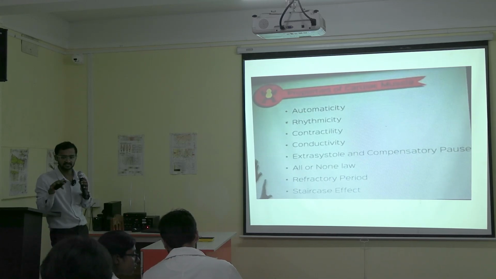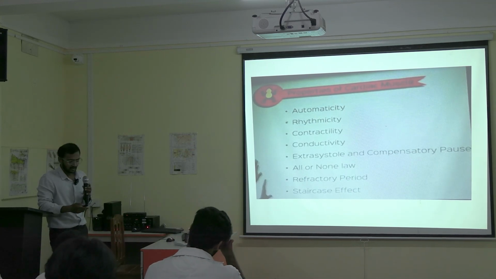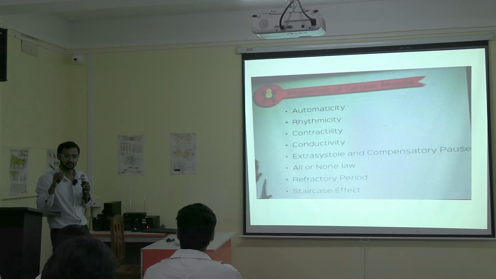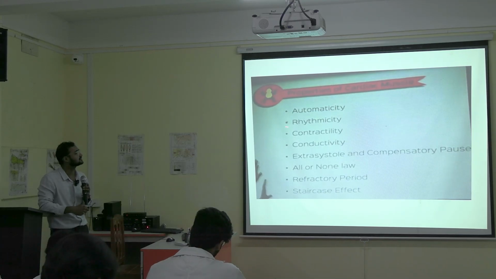What are the changes we are going through in our body? So in sympathetic stimulation, the heart rate is increased. Normally in parasympathetic stimulation, the heart rate is decreased. So there is a balance. With these two, the rhythmicity of the heart is maintained.